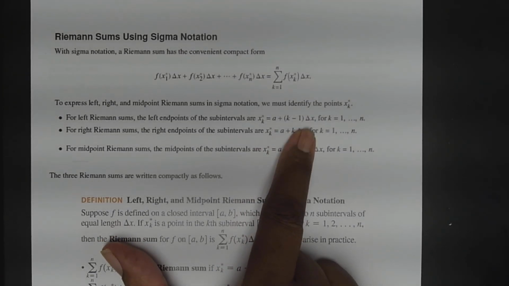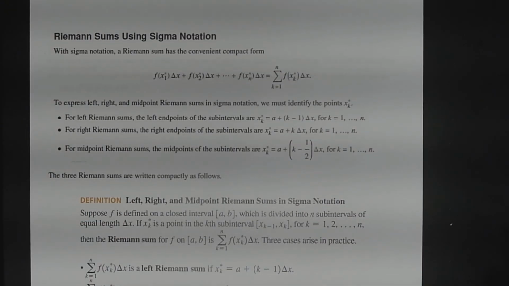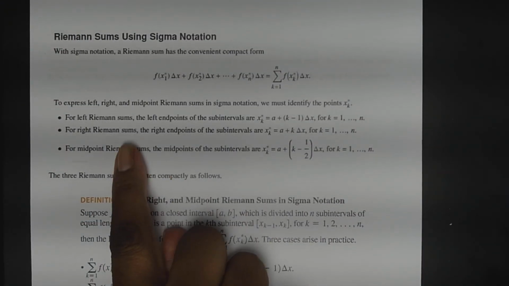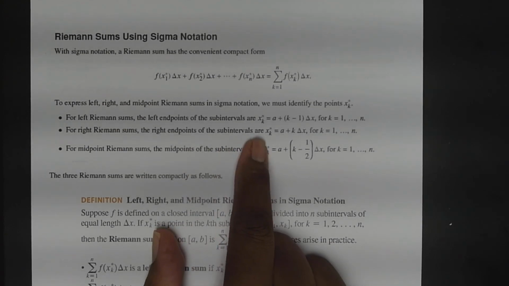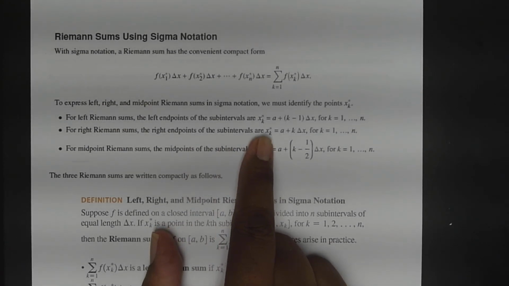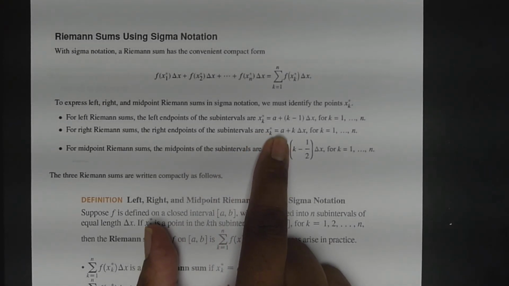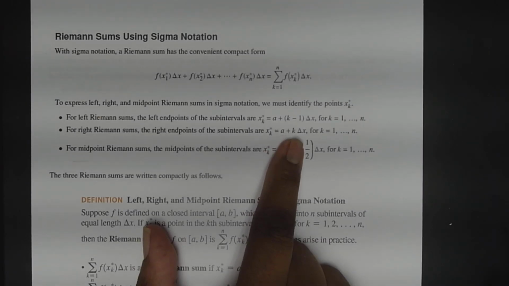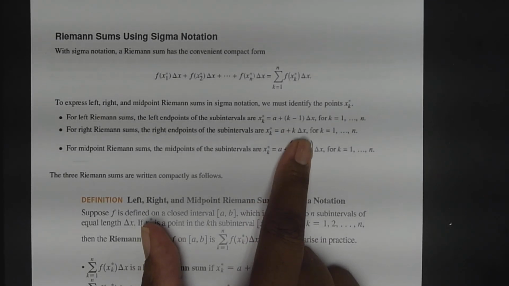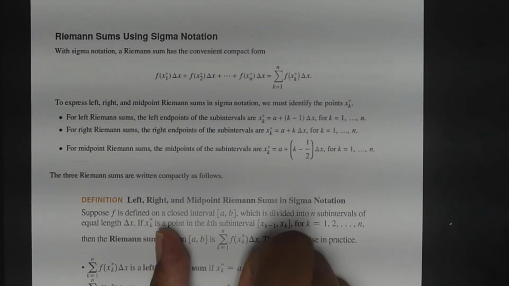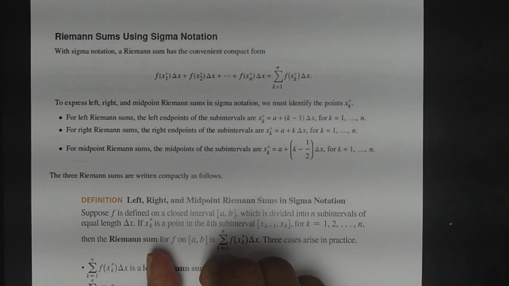That's for the left Riemann sum. And k is going to be from 1 up to n. Now for the right Riemann sum, your right endpoints of your subintervals will be this: x star sub k will be equal to a plus k times delta x. And that's also for k going from 1 up to n.